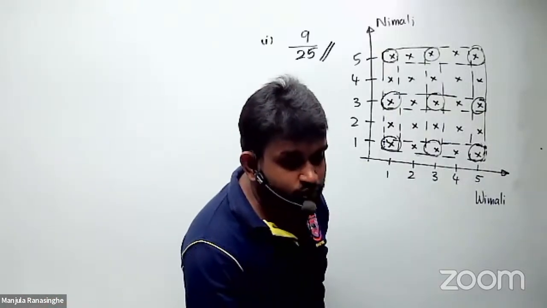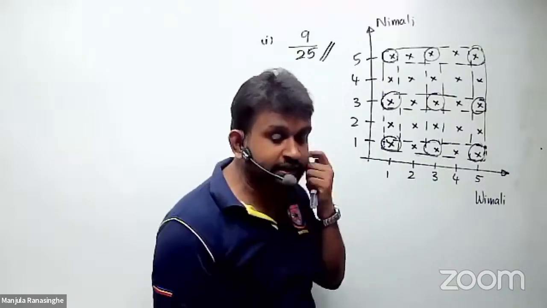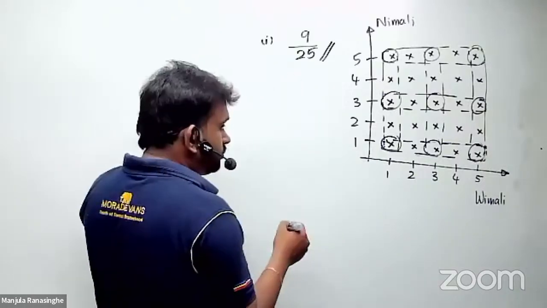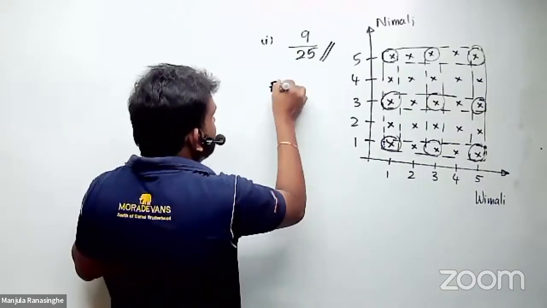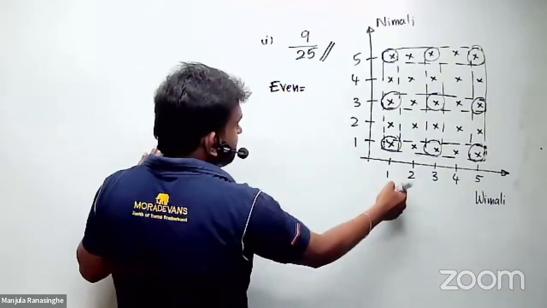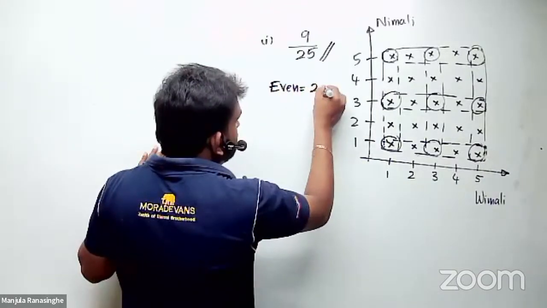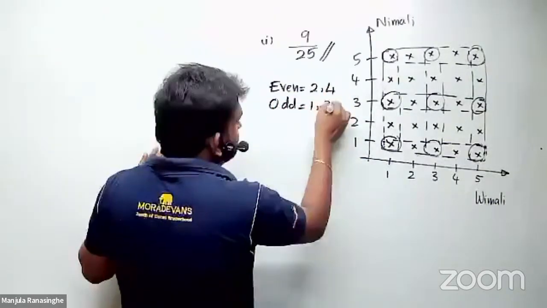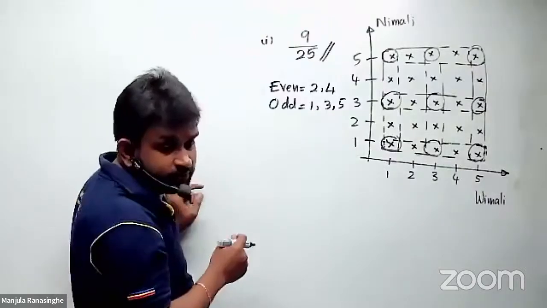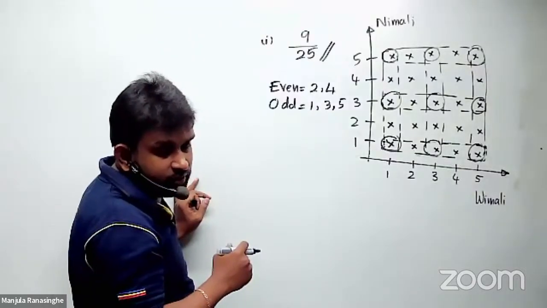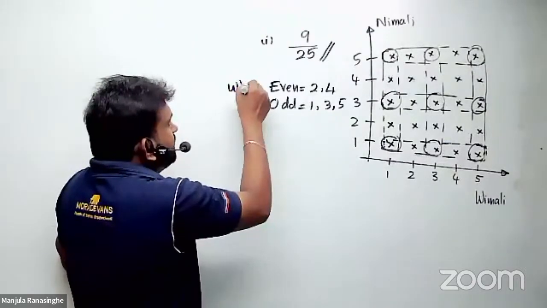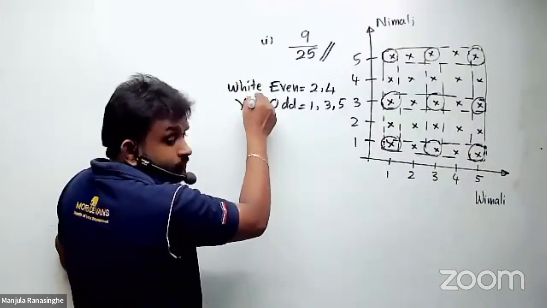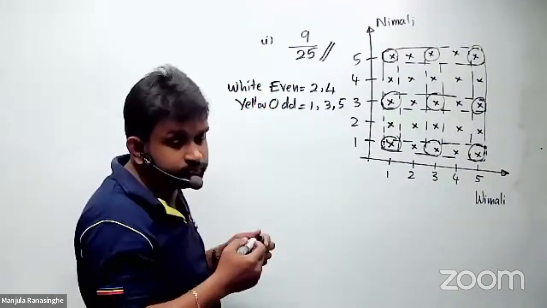Even numbers are shown in white background. The even numbers we have here are 2, 4, and the odd numbers are 1, 3, 5. Even numbers are white, and odd are yellow.